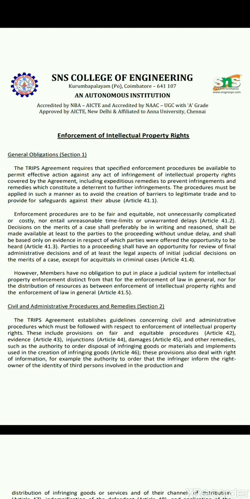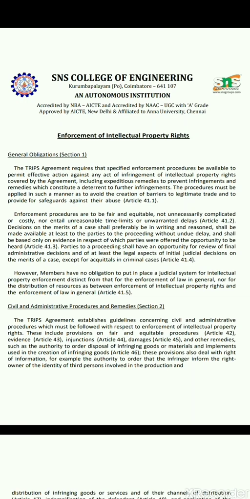The next one is Section 2, civil and administrative procedures and remedies. The TRIPS agreement establishes guidelines concerning civil and administrative procedures which must be followed with respect to the enforcement of intellectual property rights.